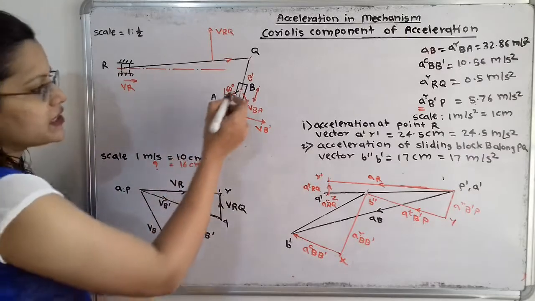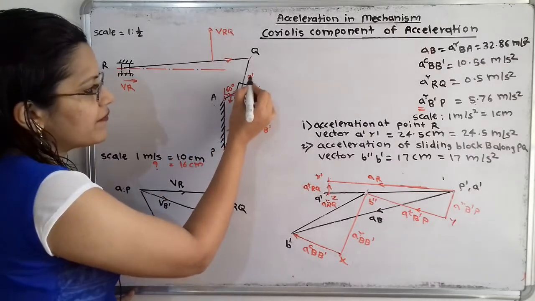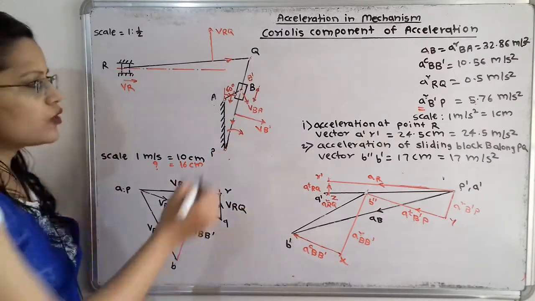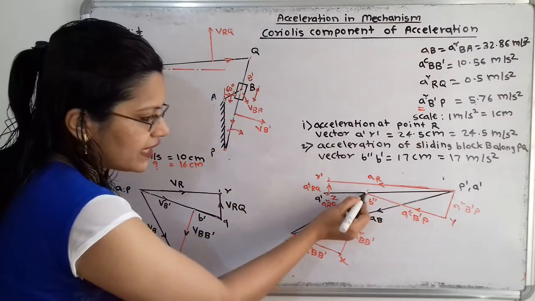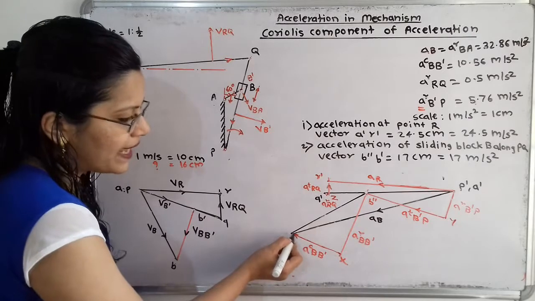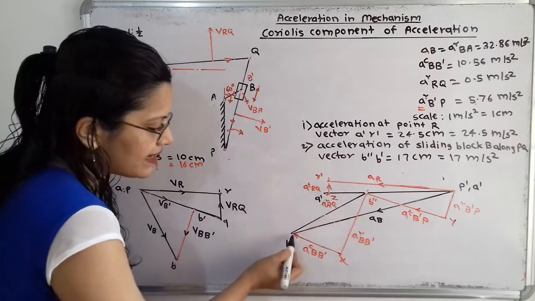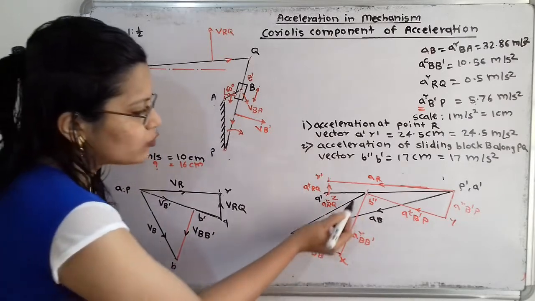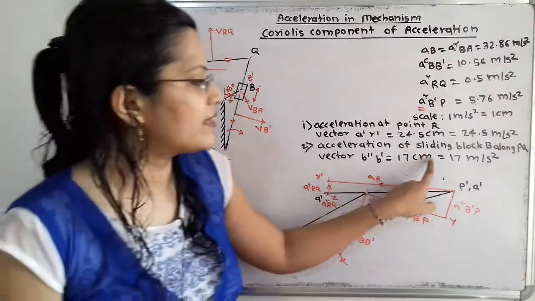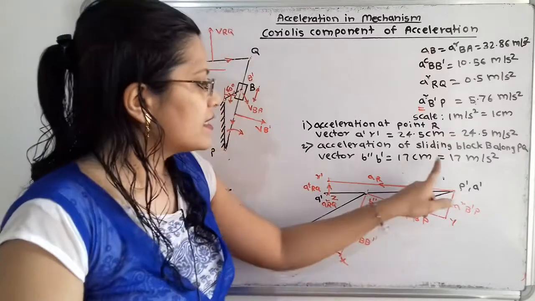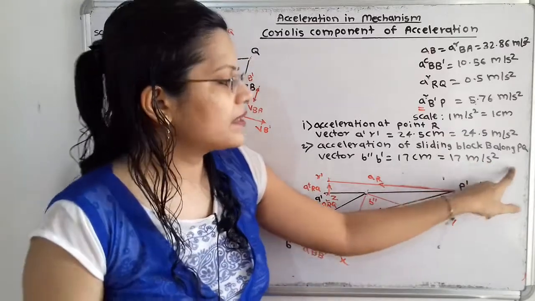We have to measure the acceleration of point B with respect to b dash. It is indicated by this total acceleration, which I have shown with the black marker, that is b double dash to b dash. We have to measure this vector b double dash to b dash, which is equal to 17 centimeter, and it is equal to 17 meter per second square.